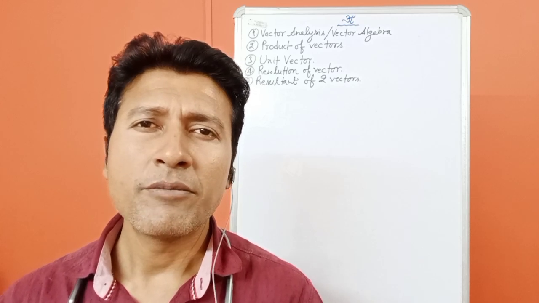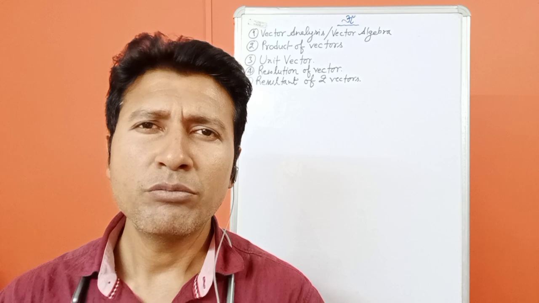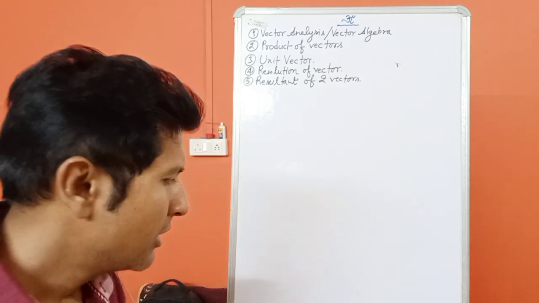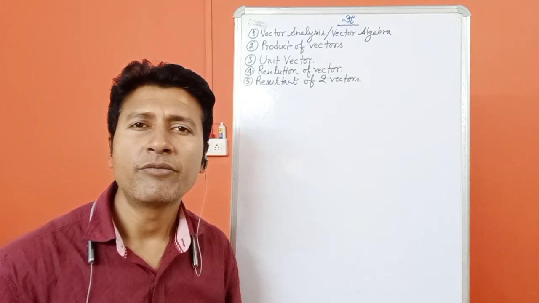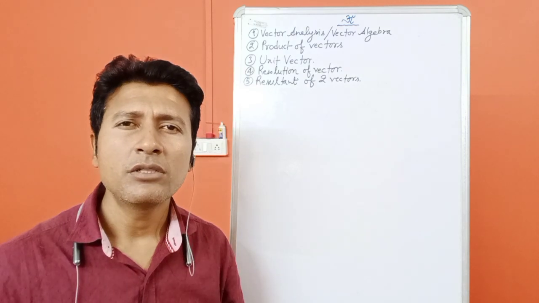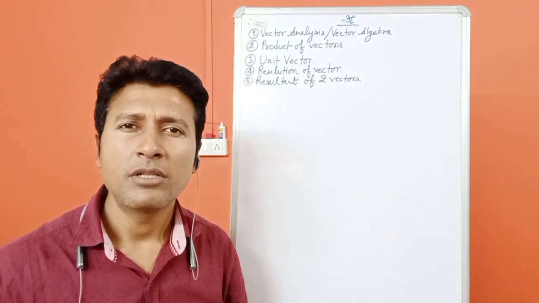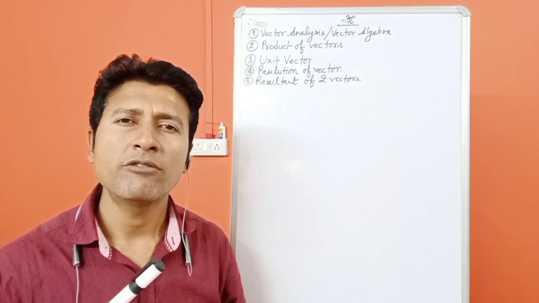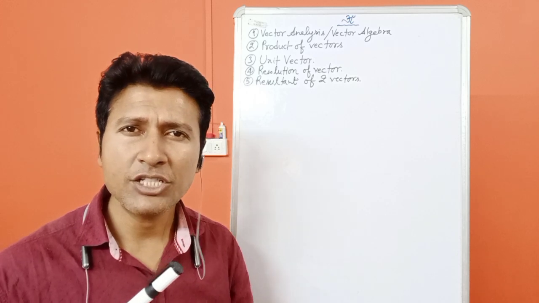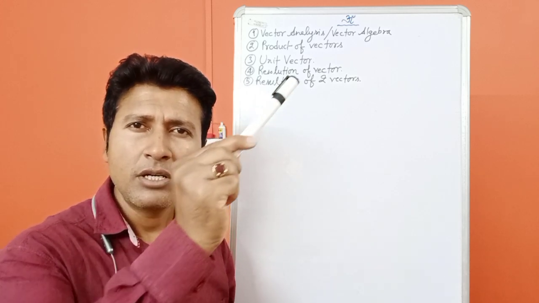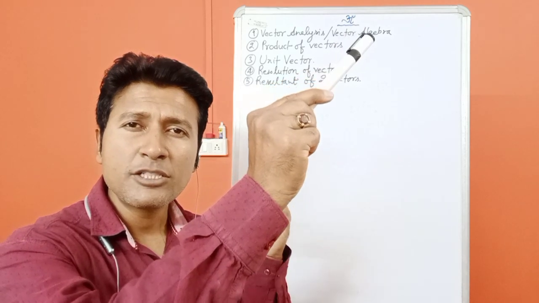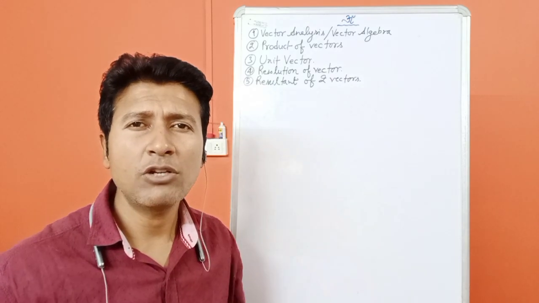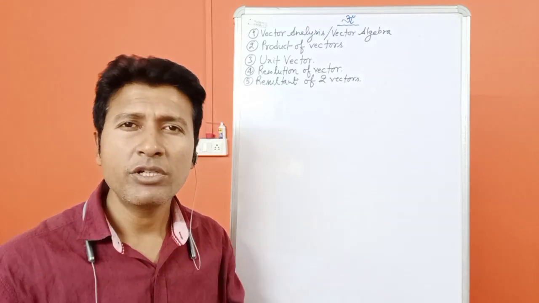Now what does it mean? Let's suppose you are moving in a direction with a particular speed like 50 meter per second and you have a specific direction, like in this direction. Are you getting? Now if we are specifying the direction also with the speed, that becomes a velocity, and velocity is a vector quantity.